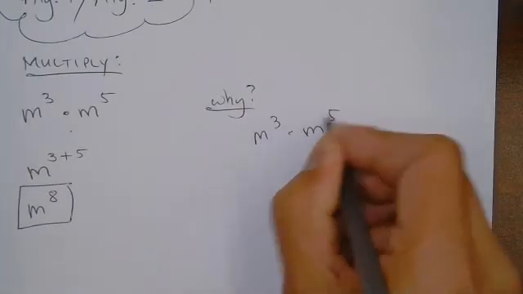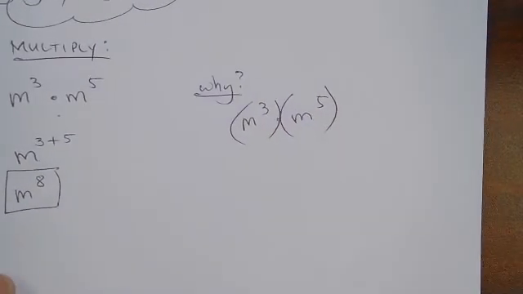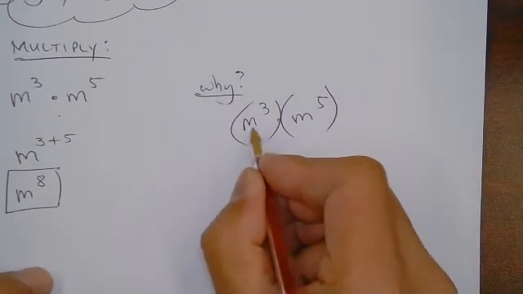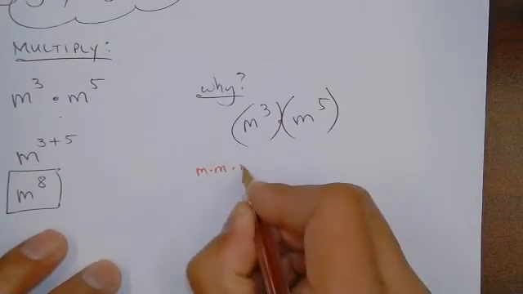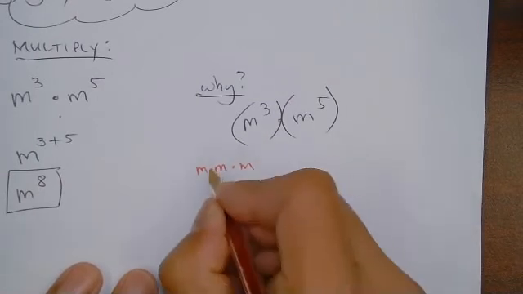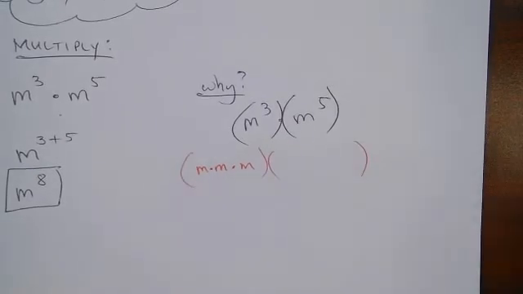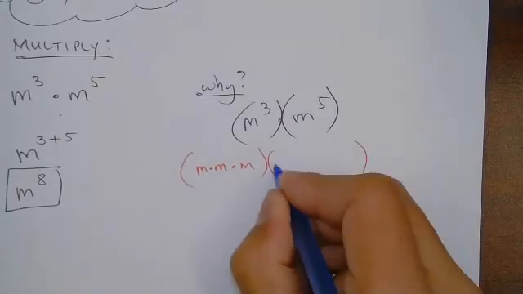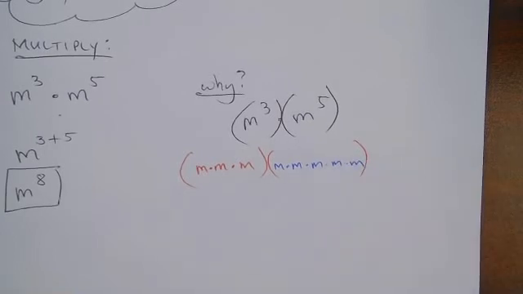Well, because M3 times M5, or you can write it in parentheses like this, it doesn't matter, multiply. Because this one means you already know how to interpret exponents. That this means that there's 3 of these. M to the power of 3, that means there's 3 of these that are already being multiplied. I'm multiplying 3 m's. And then I'm going to multiply that with how many more? With 5 more. 1, 2, 3, 4, 5.